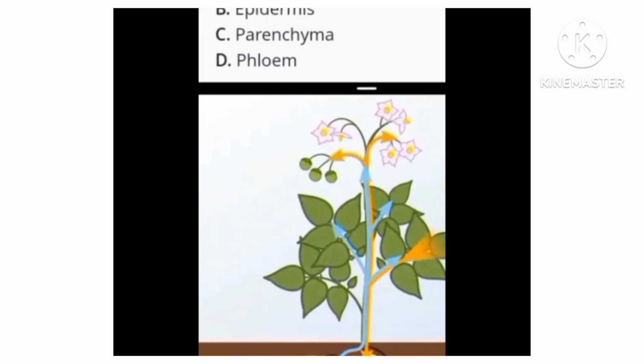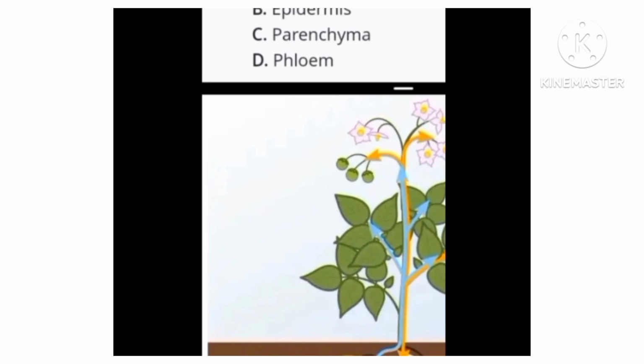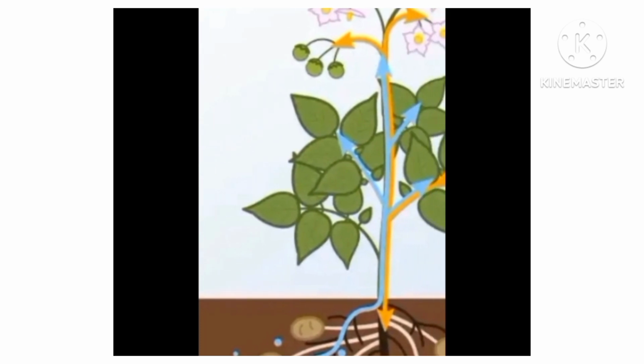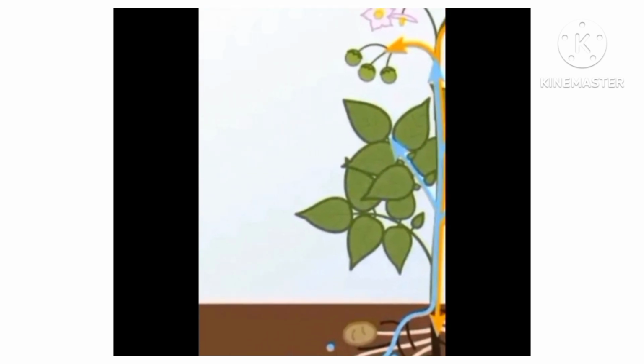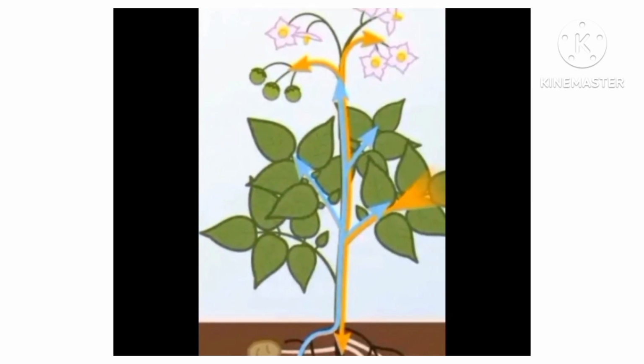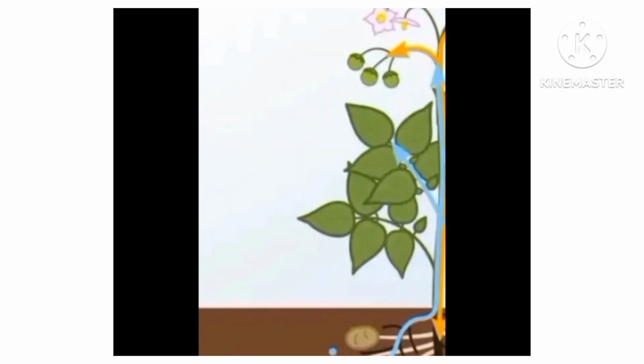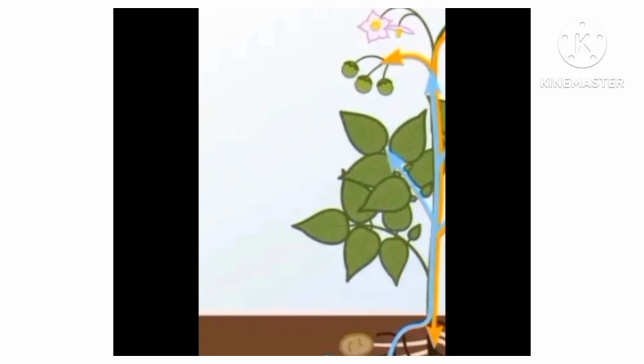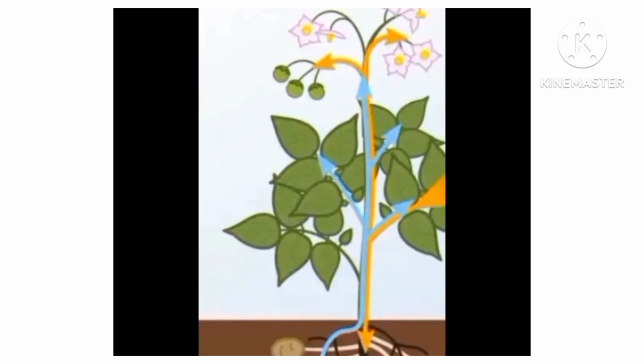The function of xylem is to transport water and mineral ions. So you can see here that blue part and the arrow depicting blue. It's telling you how water is being transported by the xylem from the roots to the different parts of the plant. Whereas the other one, which is the yellow color, is talking about the phloem.